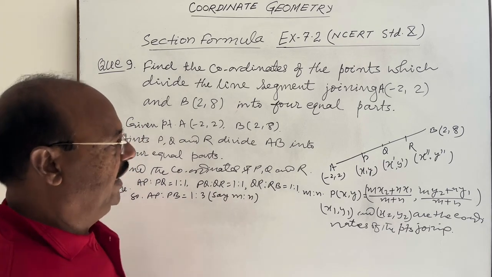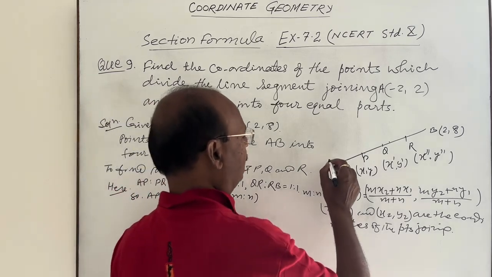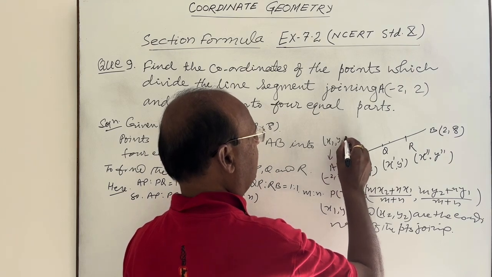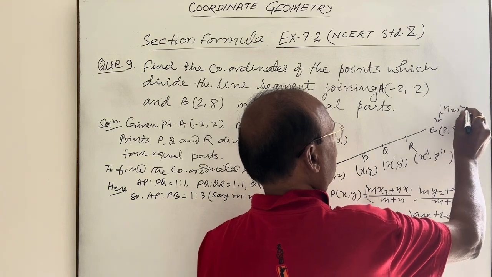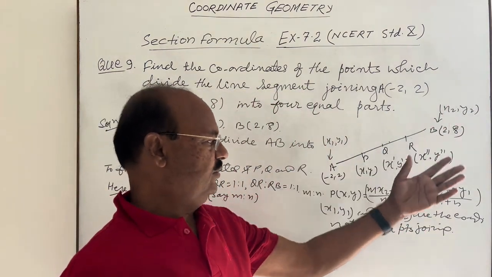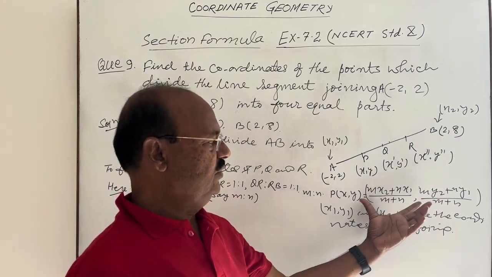For the sake of convenience, let us suppose the coordinates of A are x1, y1, and the coordinates of B are x2, y2. We are taking these coordinates to make it convenient to use this formula.